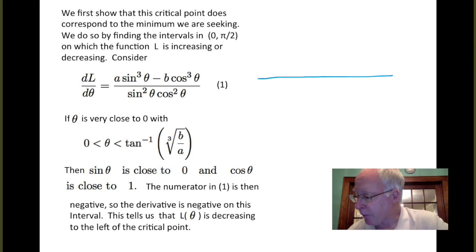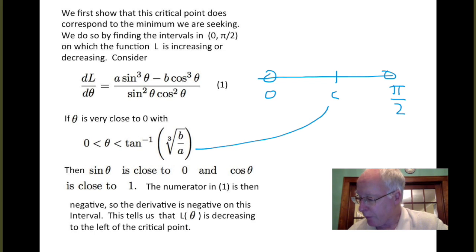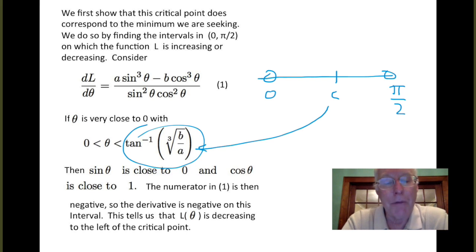We have this interval that goes from 0 to pi over 2, open dots because those are not points to be considered. And we have this number c, the critical value, which is the inverse tangent of the cube root of b over a. So we're first of all going to think about this left interval between 0 and c.